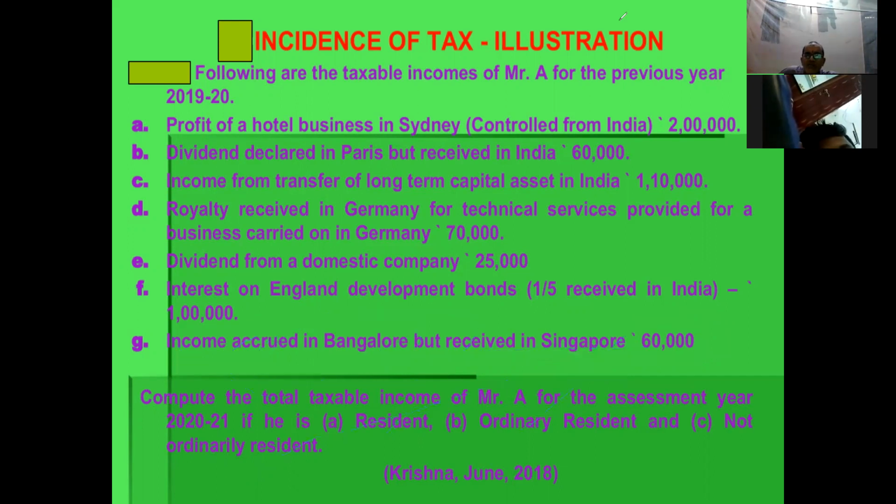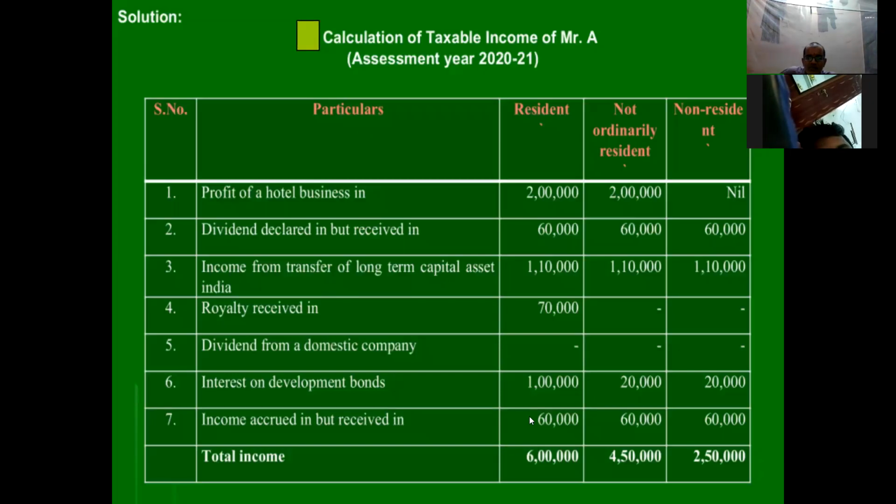On Indian income, as I already mentioned, all three categories of persons have to pay tax, whether resident, not ordinary resident or non-resident. So remember, my dear students, you can compare these three.